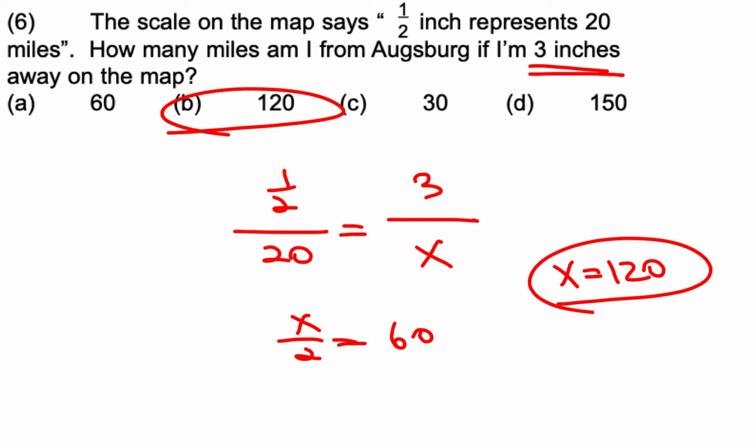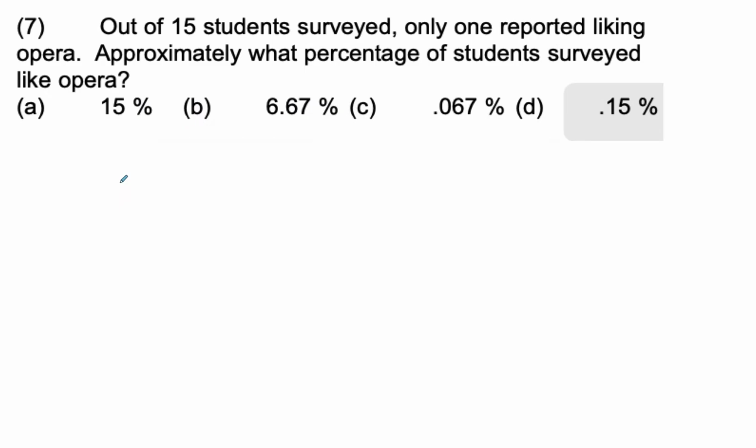Now, number 7. Out of 15 students surveyed, only one reported liking the opera. Approximately what percent? So we are looking at 1 out of 15.